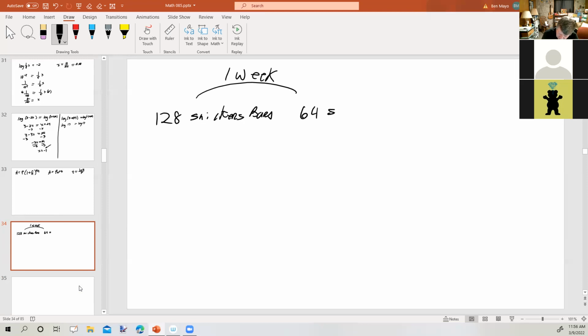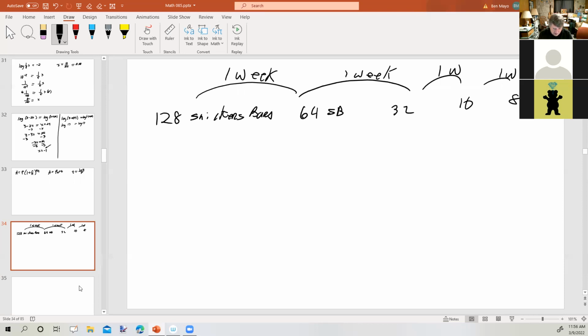I'm going to put SB for Snickers bars. And then 1 week later, there's 32. And then 1 week later, there's 16. And then 1 week later, there's 8.